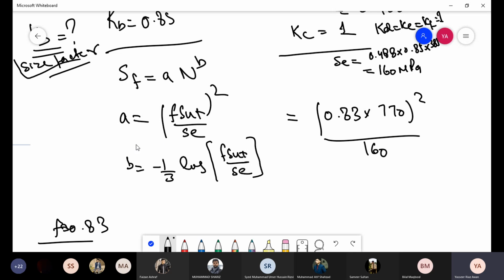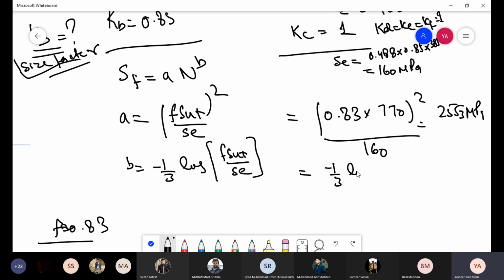So previously we used this equation with SE prime, but then we were finding the fatigue strength of a test specimen. Okay, but now this is the fatigue strength of the actual specimen, so we would use SE. So that would give the value of A as 2553 megapascal. Remember, this A has unit of megapascal, the B is unitless.